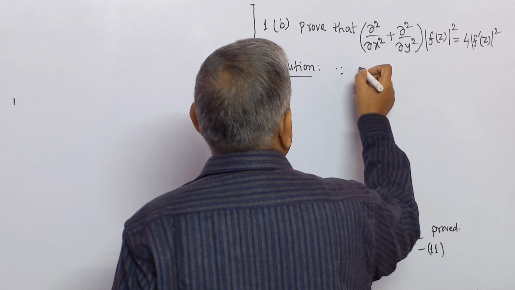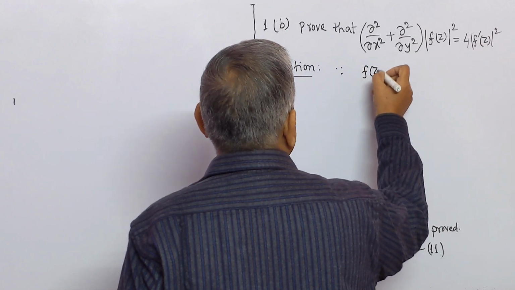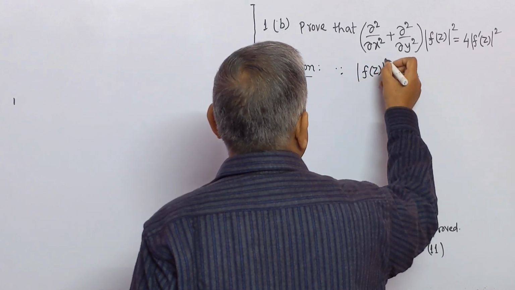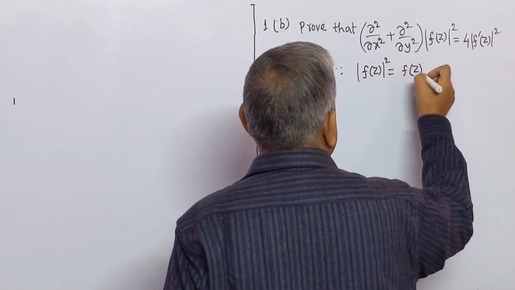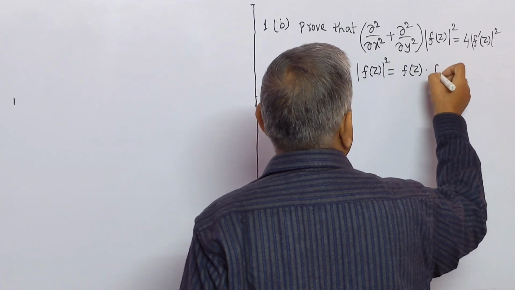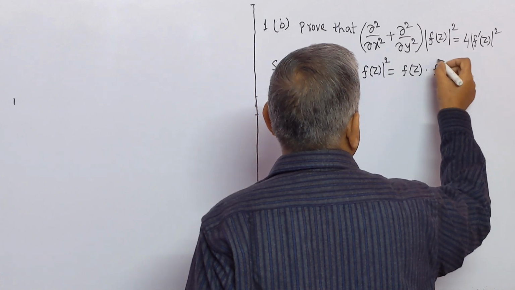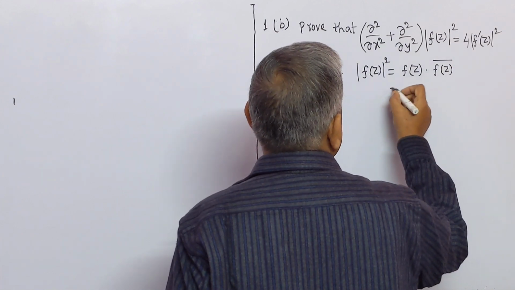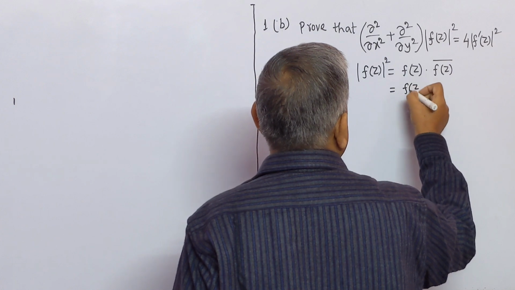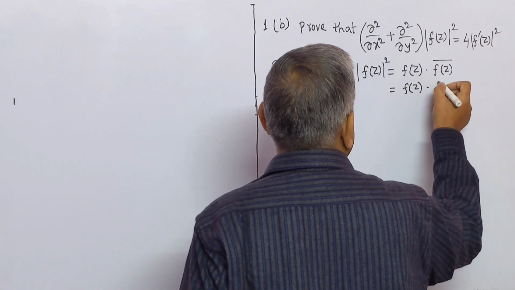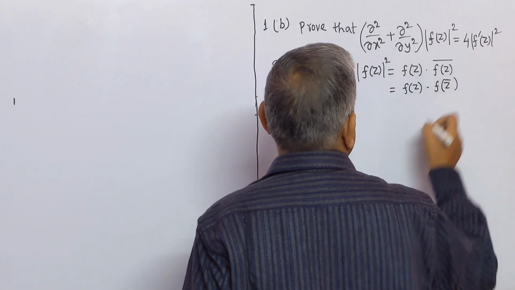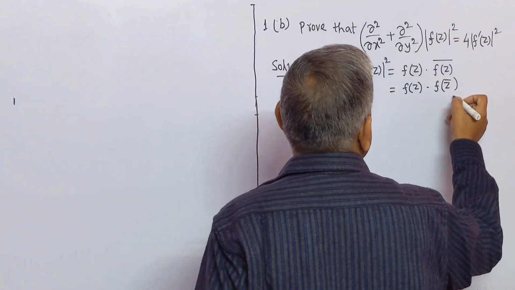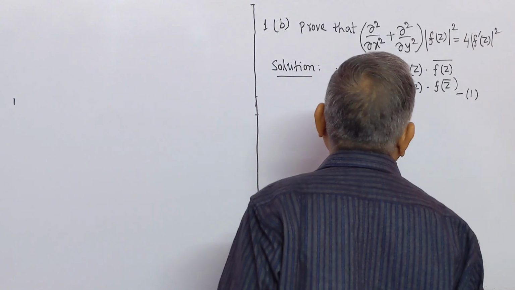Since modulus of f z square equal to f z multiply conjugate of f z, and this equal to f z multiply f conjugate of z. This is number 1.